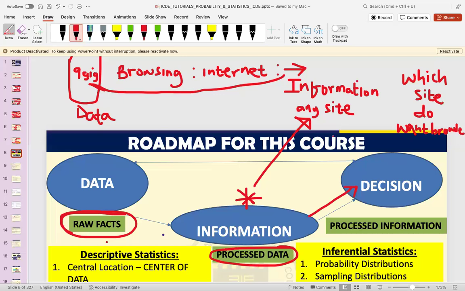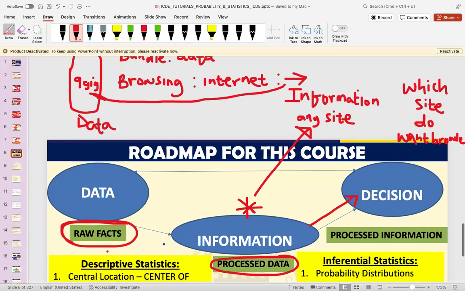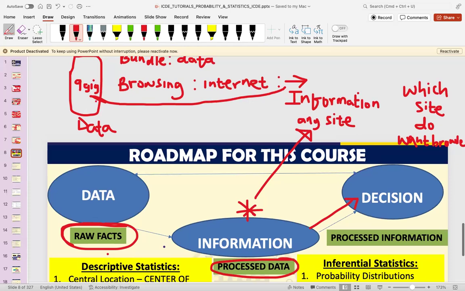So you see where we were coming from. We were coming from buying the bundle becoming data. Then we want to see the data in action. Then the data, we are connected by the system of the subscriber to the internet.